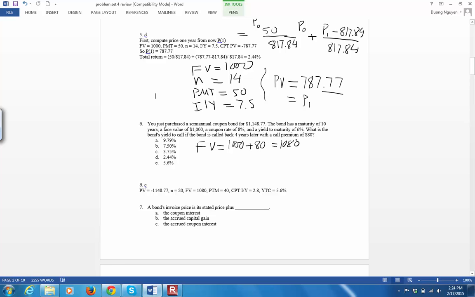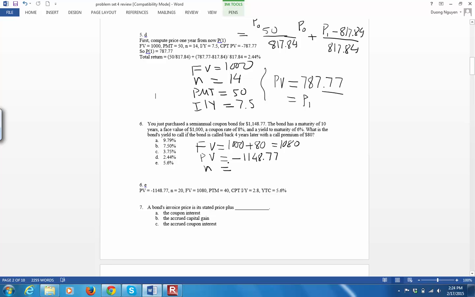So the future value is not 1,000 anymore, it is 1,080, and the present value is given as the price of the bond. You have to put a negative sign, so negative 1148.77. N is how many years?